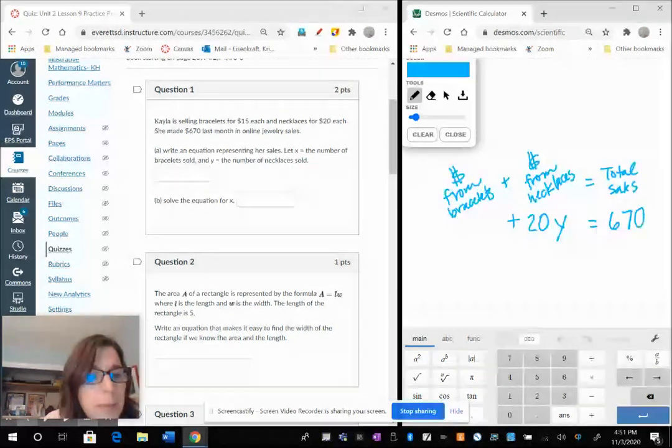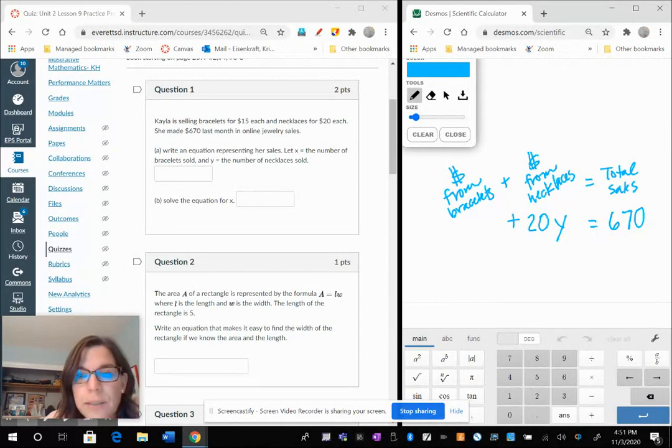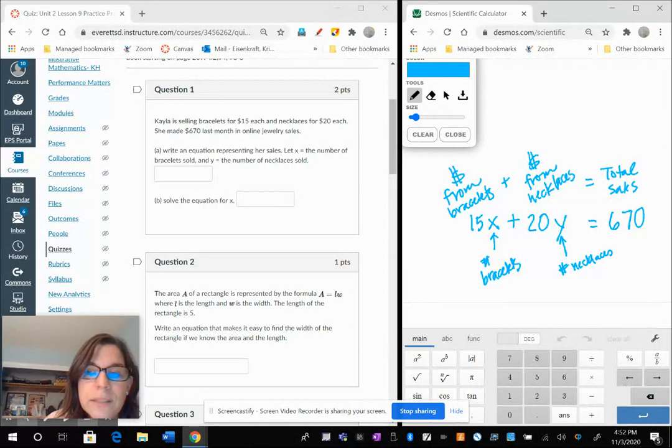Money from bracelets can be represented by the expression 15 for each bracelet, and we're using x bracelets. So this is the number of bracelets, and this will be the number of necklaces. We know the price of each, but this equation now will help us solve the other part.